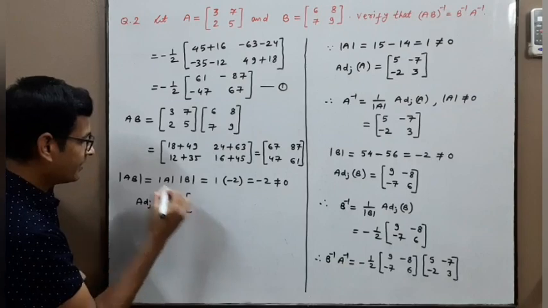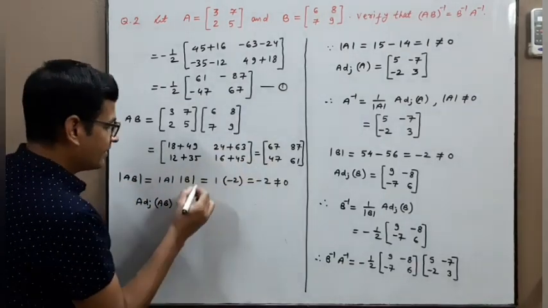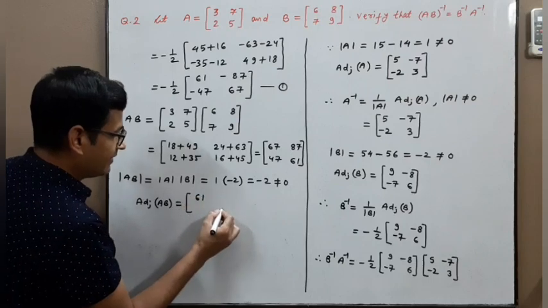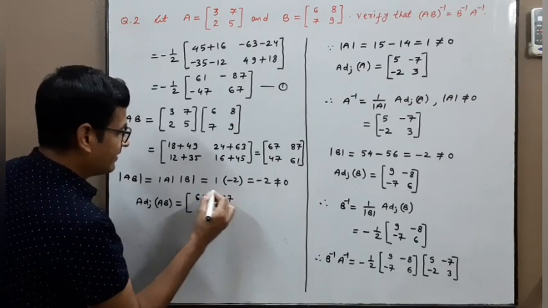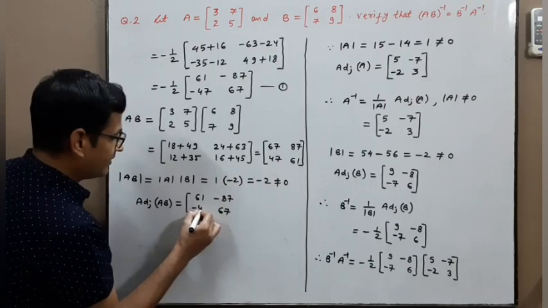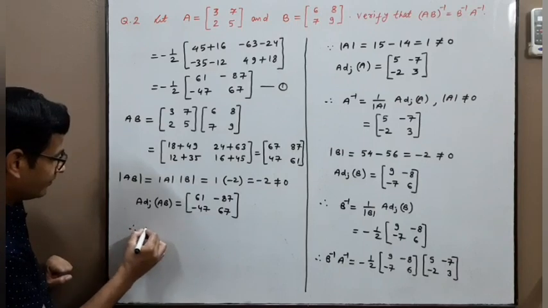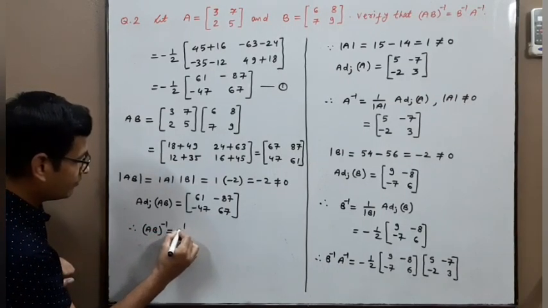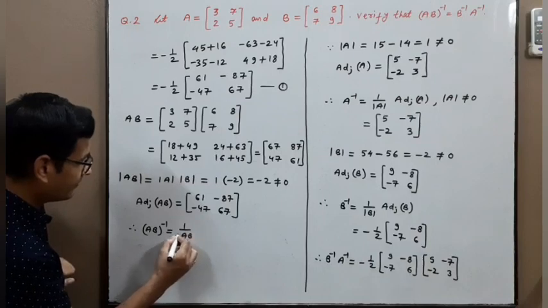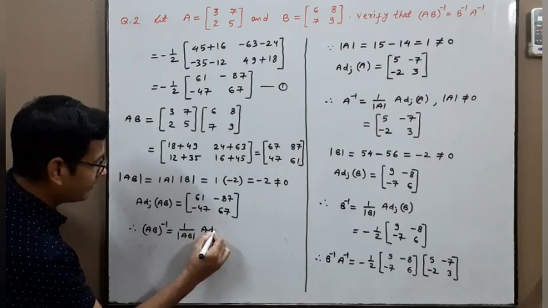How will we find adjoint AB? Again this is a 2 by 2 matrix, so just interchange the principal diagonal elements 61 and 67 and change the sign of the remaining elements, minus 87 and minus 47. Therefore AB inverse is equal to 1 upon determinant AB into adjoint AB.